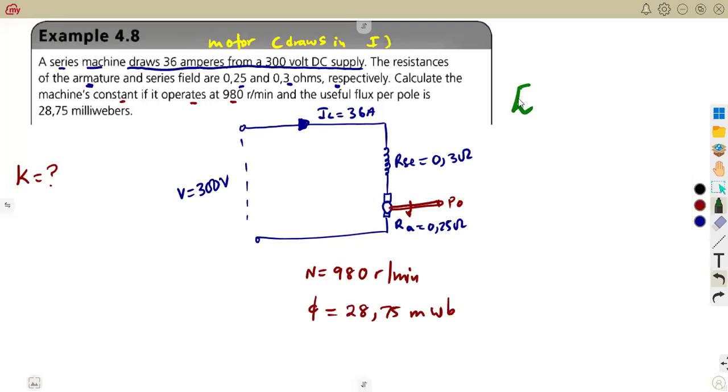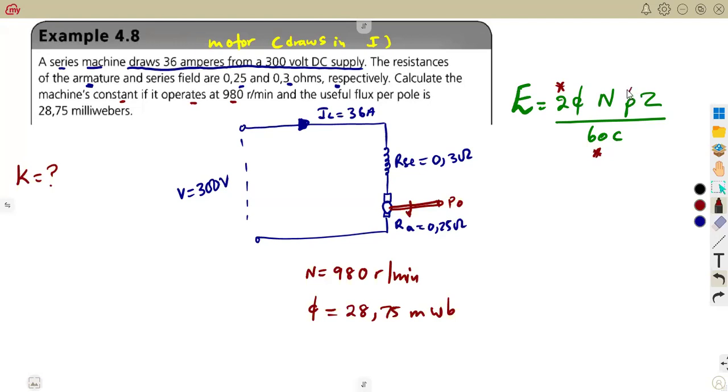Remember, from our EMF equation, this is what we understand: two flux, N P Z, over 60 C. And from this we have a constant, from the concept that the 2 that we are seeing is a constant. The 60 is a constant.